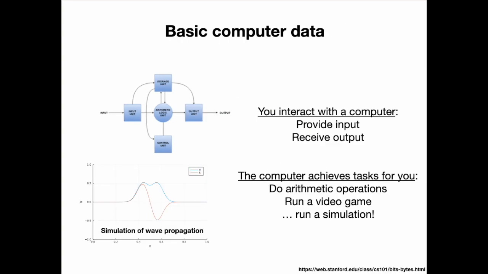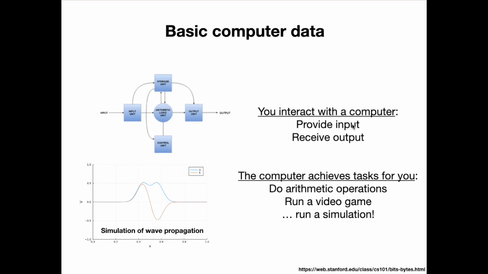So that's basically the end of the first part of this lecture. During this video, you learned about the internal structure of the computer, from the input unit to the output unit, the storage units, and the CPU. What's important to remember is that you interact with the computer.